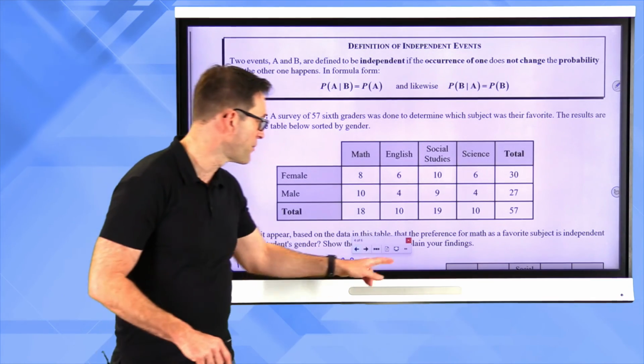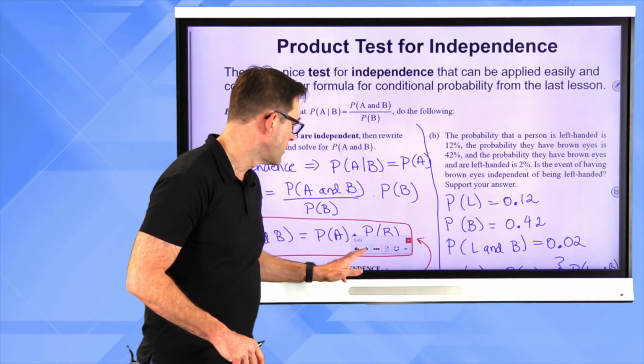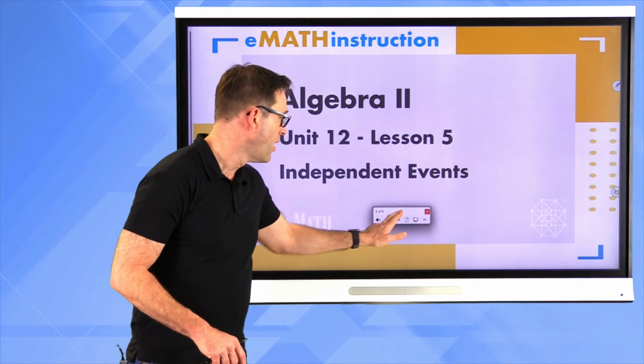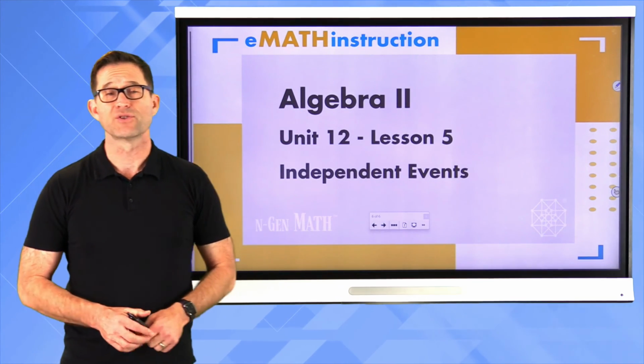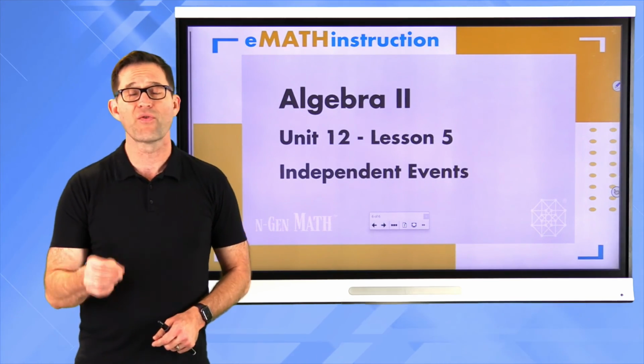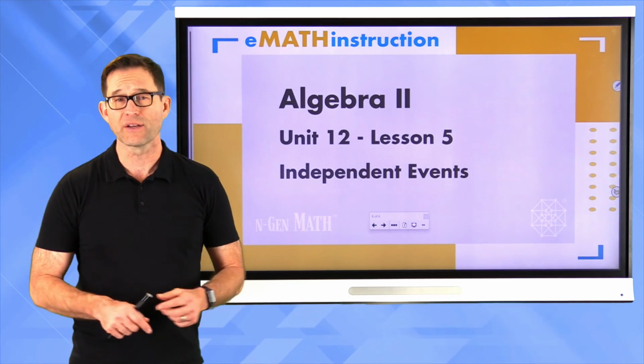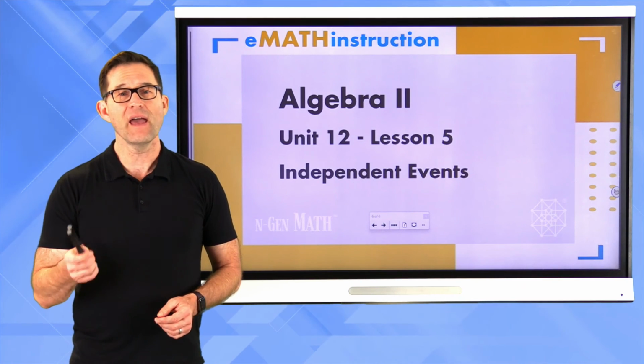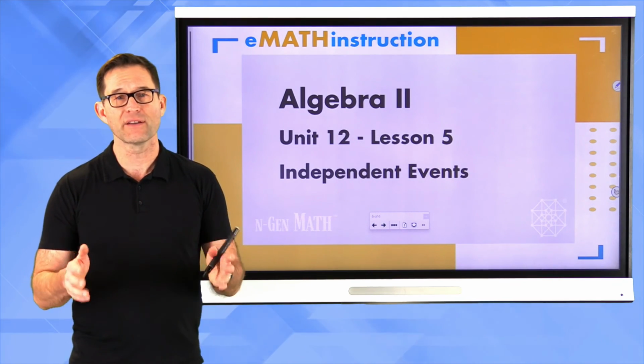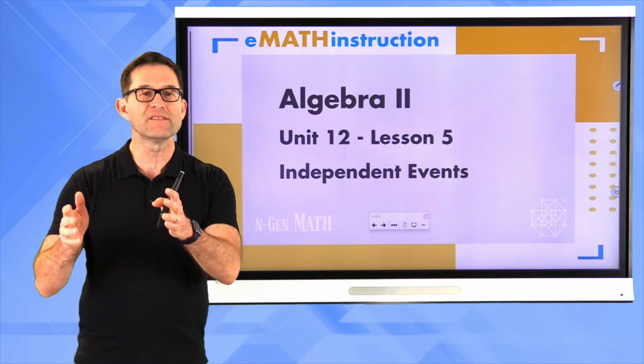All right, let's wrap this up. Independent events are actually one of the most used things in all of probability. As I mentioned, watch election coverage sometime and see how they break down election results based on all of these conditions.